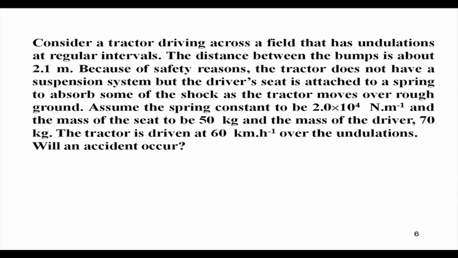Because of safety reasons, the tractor does not have any suspension system, but the driver's seat is attached to a spring to absorb some shock as the tractor moves over the rough ground. Assume the spring constant of the driver's seat spring is 2 into 10 to the power 4 Newton per meter, the mass of the seat is 50 kg and the mass of the driver is 70 kg.